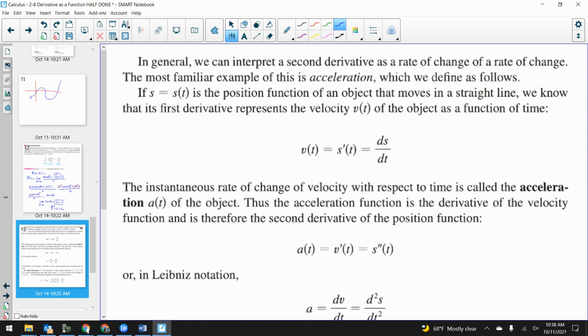In general, we can interpret a second derivative as a rate of change of a rate of change. A derivative itself is a rate of change. So basically, you're looking at how quickly the slope is changing. So think about a quadratic as it compares to an exponential. Do you know how a quadratic goes up pretty quickly, but doesn't an exponential go up quicker?